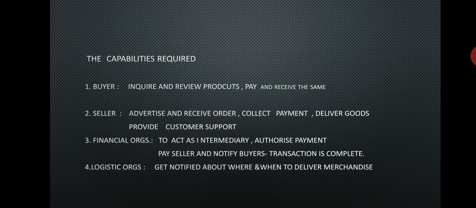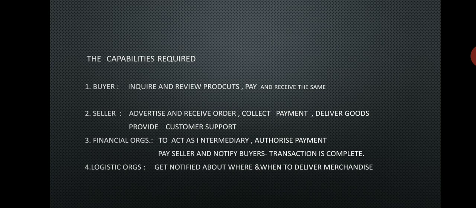Moving on, what are the capabilities required for the role players? There are basically four role players. The first one is the buyer, ourselves, and the second one is the seller. The third one is the financial organization like Visa, Mastercard, etc. And the last one is the logistics company who is actually delivering the product to us.